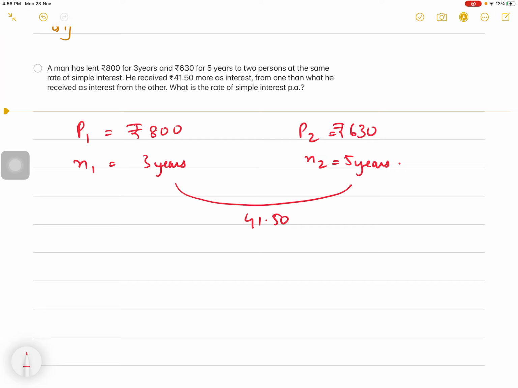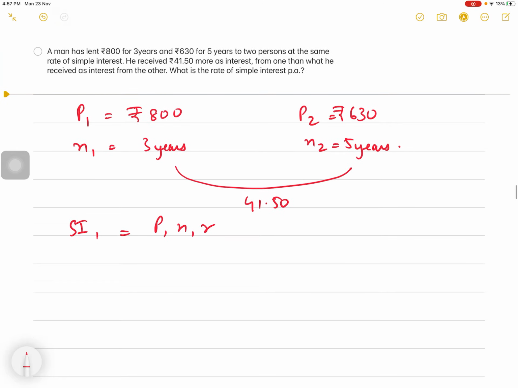So simple interest in the first case is P1 into N1 into R. R is the same, so I will not name it 1 and 2. So P is 800 into 3 into R. 800 into 3 is 2400.